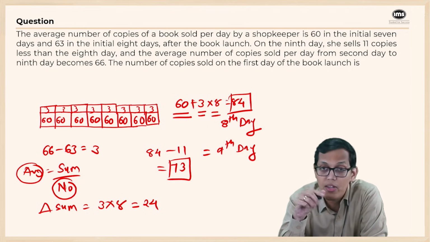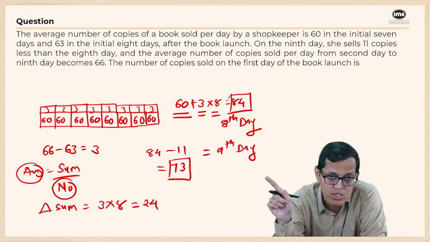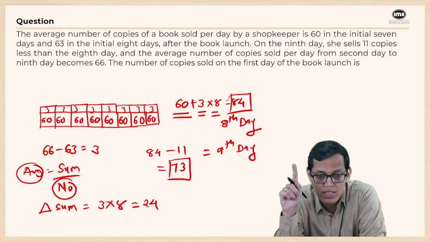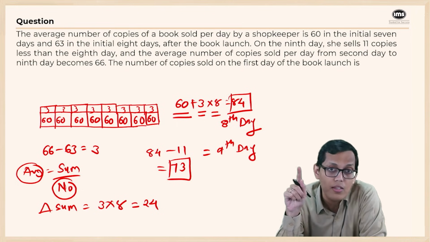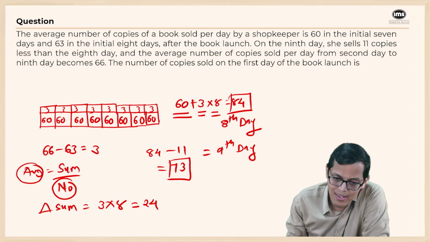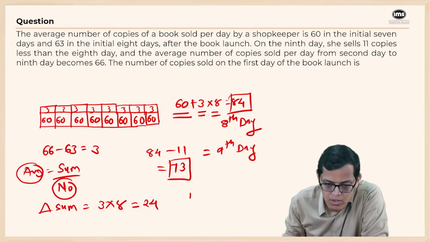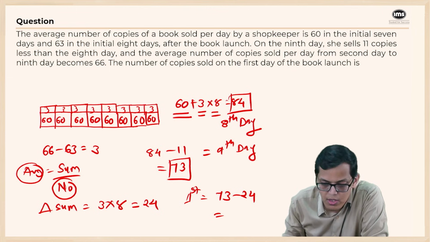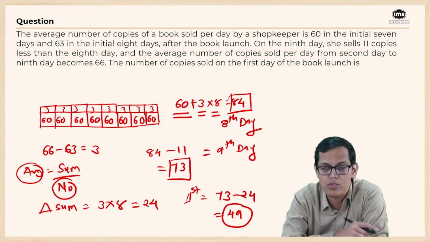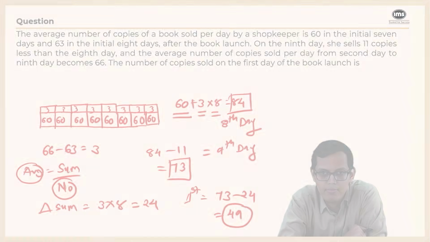When we counted the average of second to last, the average was higher. That means the last one is larger than the first one by a difference of 24. The 9th day had 73 books. So the first day should have 73 minus 24, which is equal to 49 books. That's how you can solve this question almost orally.